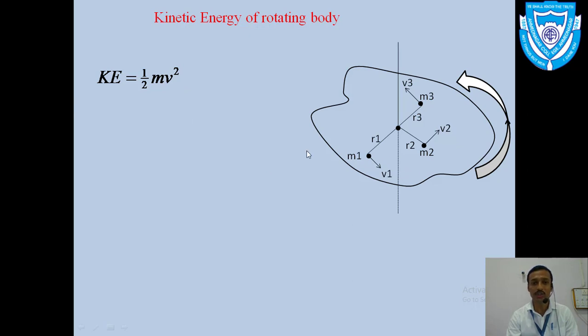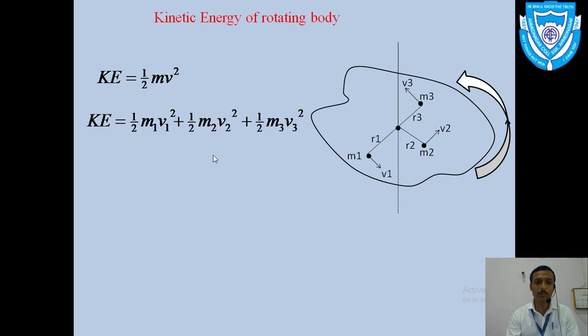For the first particle we can write kinetic energy is half m1 v1 square, then half m2 v2 square, half m3 v3 square and so on. So the total linear kinetic energy is the addition of these: half m1 v1 square, half m2 v2 square, half m3 v3 square.